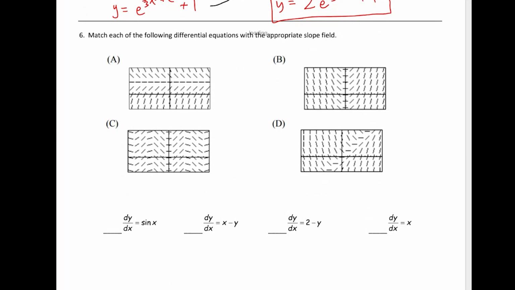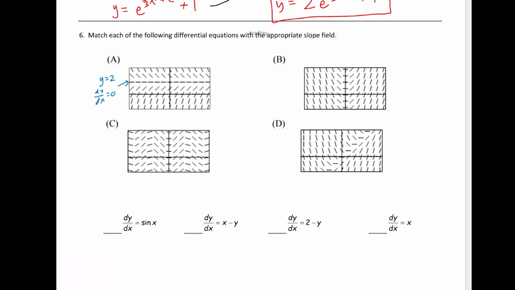Okay, number 6, we're matching differential equations with the appropriate slope fields. So here we're just going to see if there's anything we can narrow down, and see if we can figure out what is going on. The first thing I'm looking at is letter choice A, and I see that when y is 2, dy dx is 0, right?